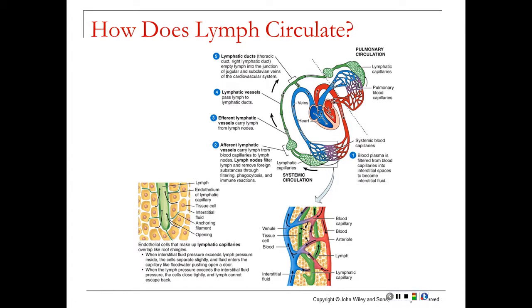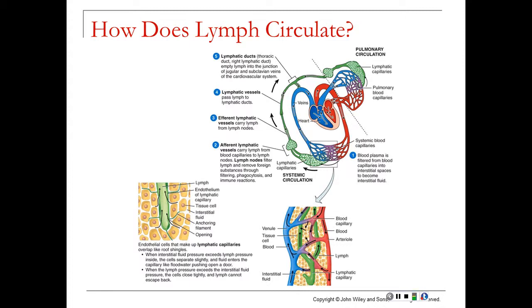Lymph nodes are then going to filter the lymph, remove any foreign substances by filtering, phagocytosis, and other immune reactions. And that's what this little guy right here is representing, a lymph node. Then you have an efferent lymph vessel, which is carrying the lymph away from the lymph nodes. The lymphatic vessels themselves are going to merge into the lymphatic ducts, which are the thoracic duct and the right lymphatic duct.